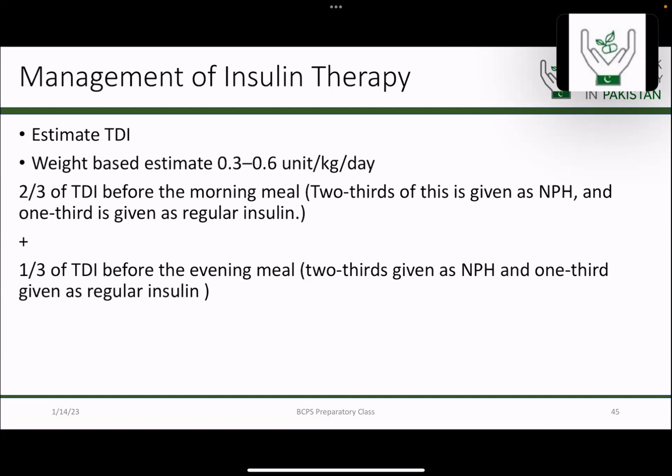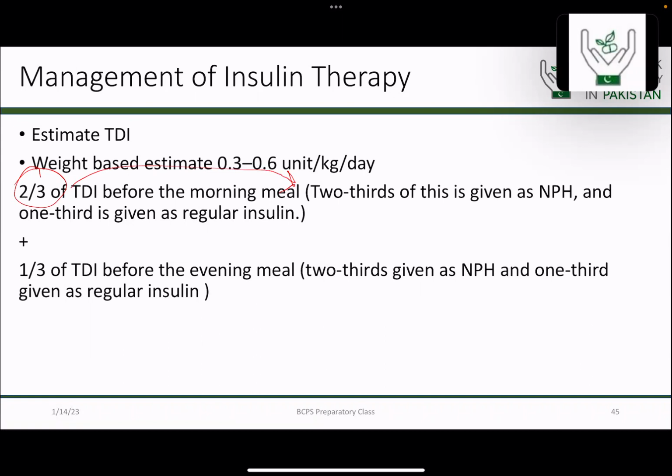And the 2/3 which you are administering before the morning meal can be further divided, as 2/3 of NPH and 1/3 as regular insulin.